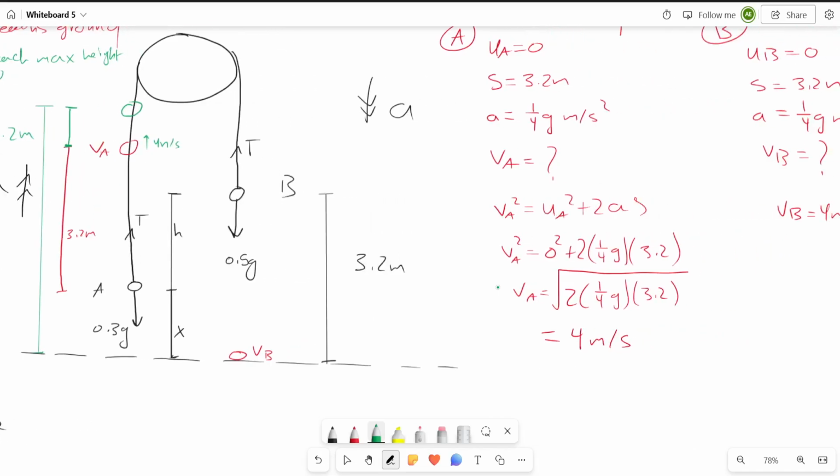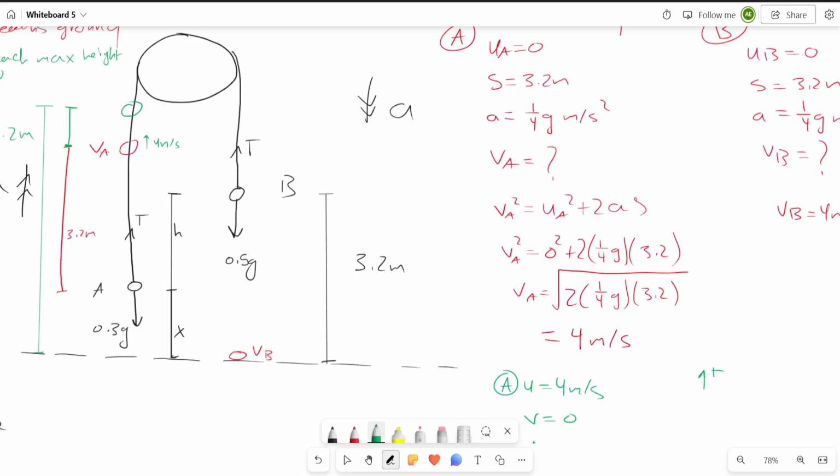So let's try and do the things for A again. Let's take upwards as positive. I know that my u is 4 meters per second. I know that my v is equal to 0 because I'm going to stop.